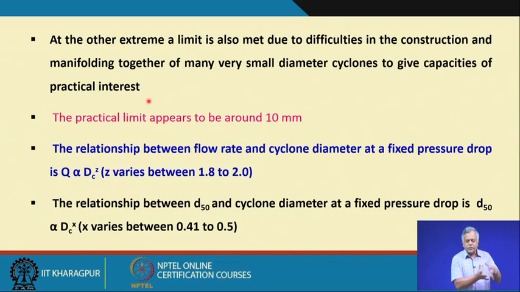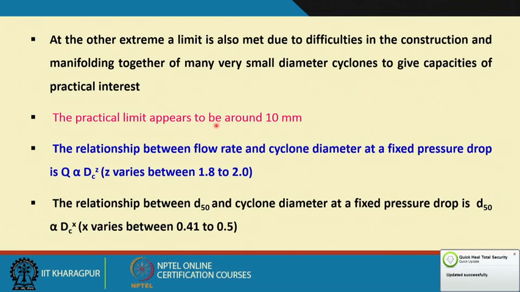If I need to process, say, 100 tons per hour, then I need many of these cyclones, and now how do I configure them and how do I feed them? So, to match the capacity becomes a typical severe engineering problem.